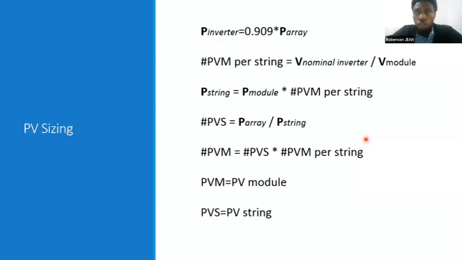So what you will do is a load study. Related to your electricity bill, you can know what is your monthly or daily consumption.